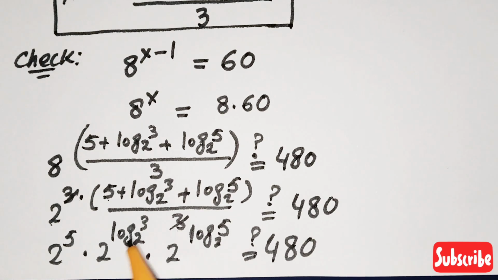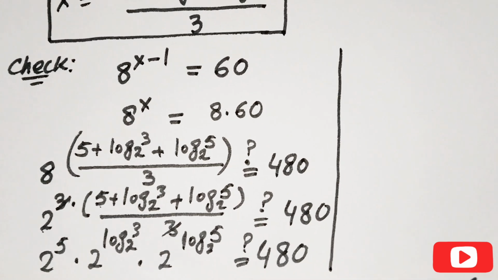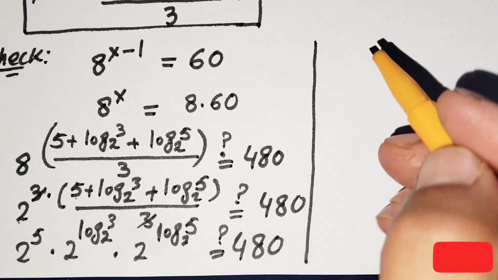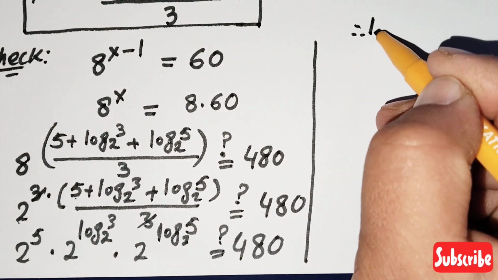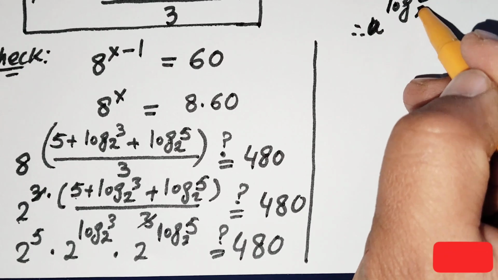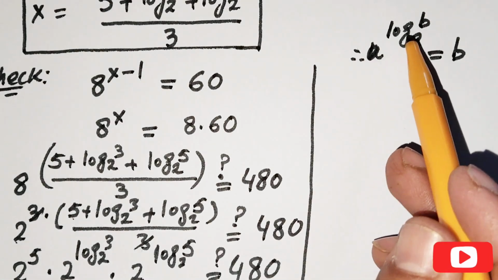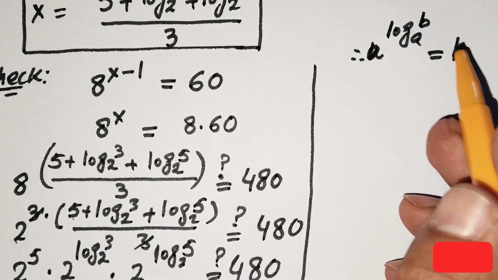So now we see that we use the logarithm law, because the 2 and this 2 are the same, so it is our base. Using our logarithm law, as we know, if we have a raised to power log b to base a, then it will be equal to b. So a raised to power log b to base a is equal to b.